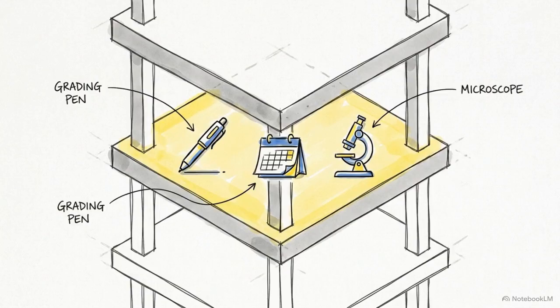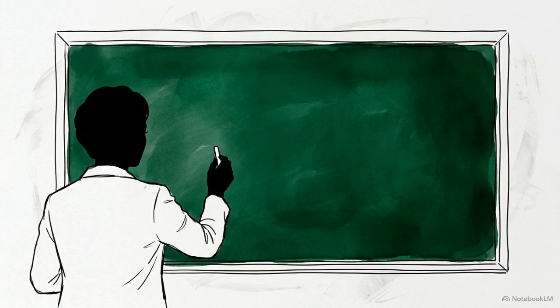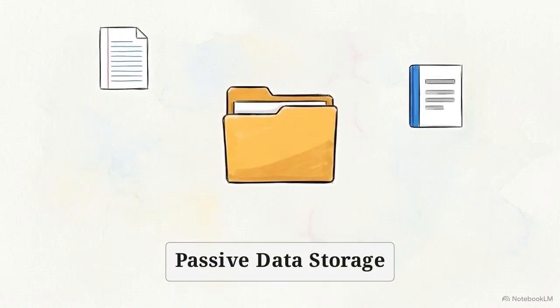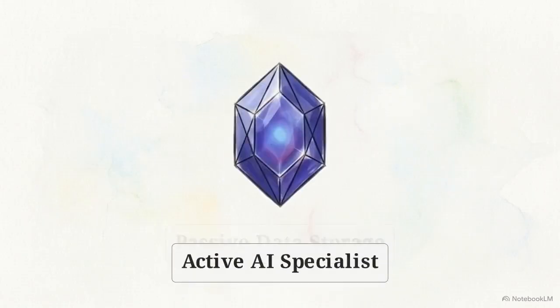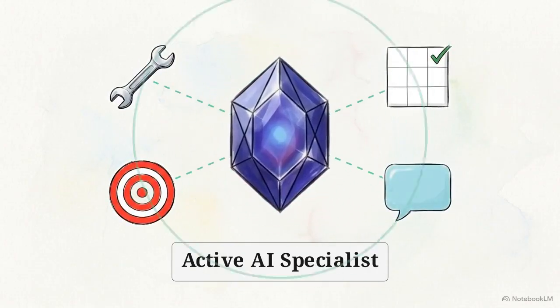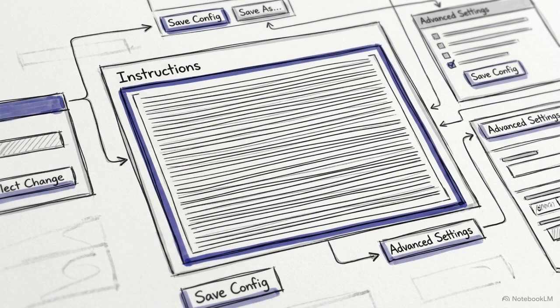Now, the third floor houses your specialists. It is inefficient to start every AI interaction from a blank slate with a model that has no memory of your specific teaching preferences. Gemini Gems solve this. While folders organize your files, Gems organize specific behaviors and areas of expertise. In this configuration screen, you program a gem to act as a specialized assistant.